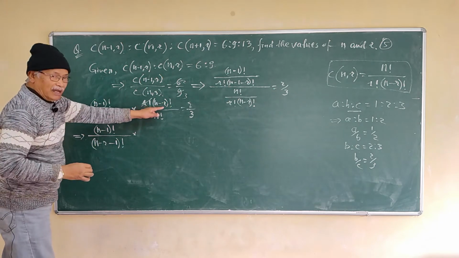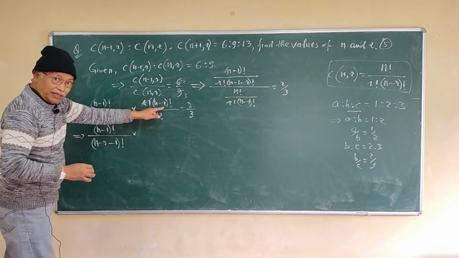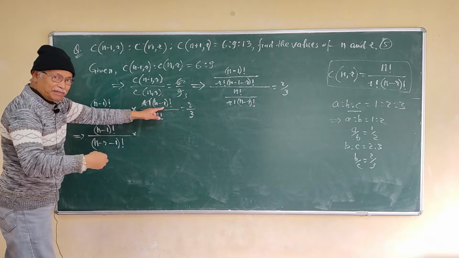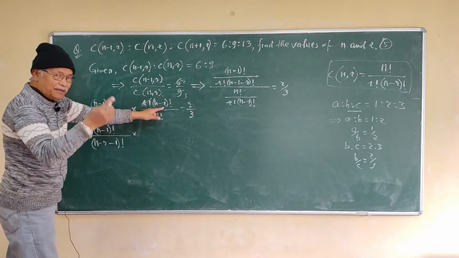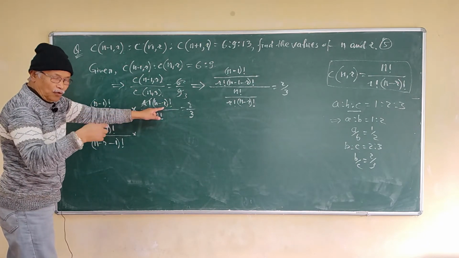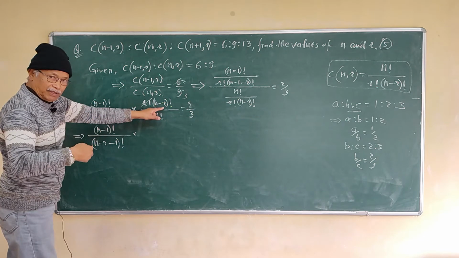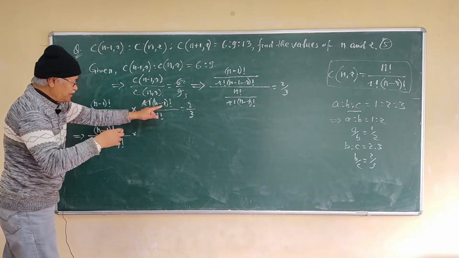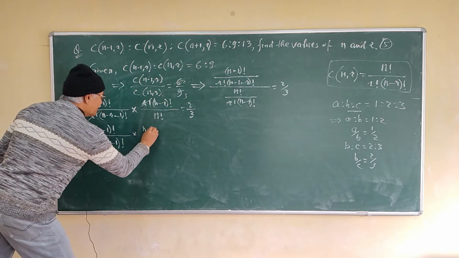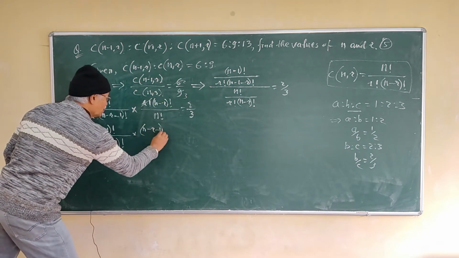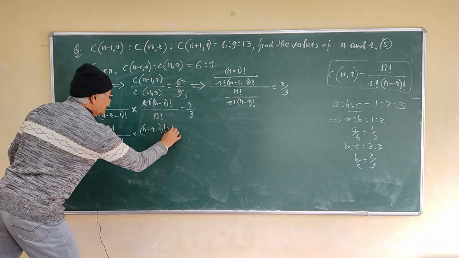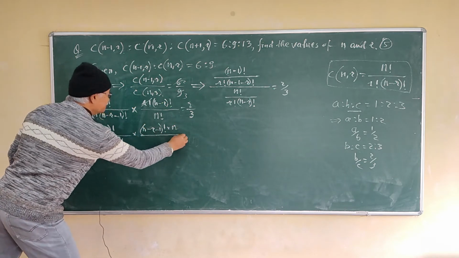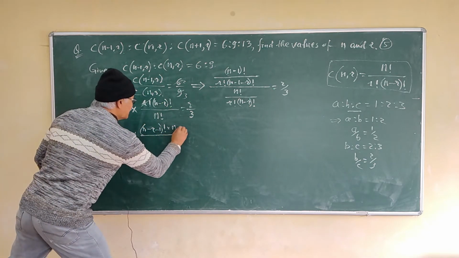Well, (n minus r) factorial is preceded by what? Say 5 is preceded by 4, 4 is preceded by 3, 1 less than that. So n minus r is preceded by (n minus r minus 1) factorial, into (n minus r).